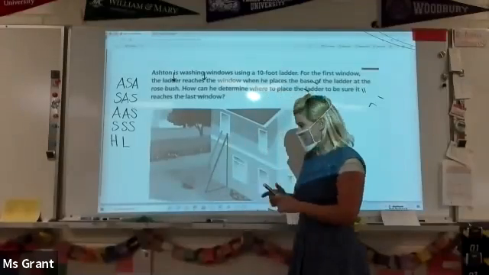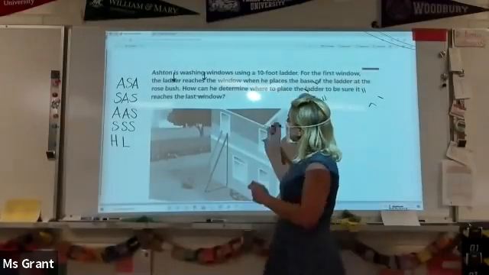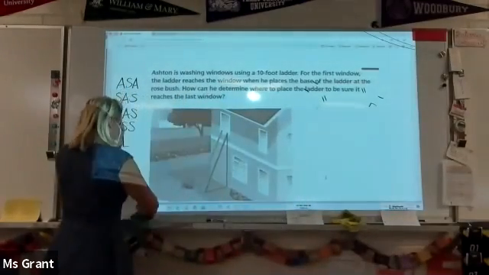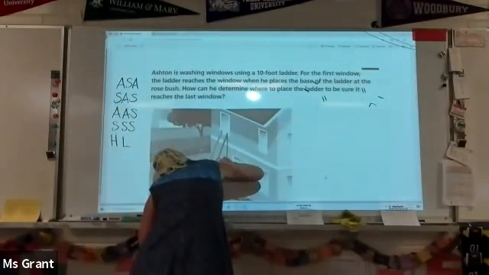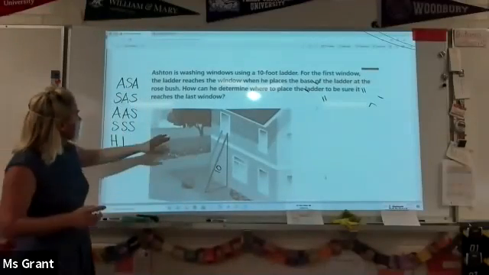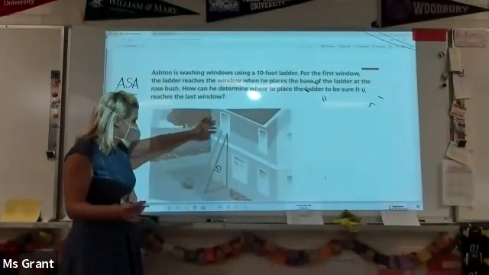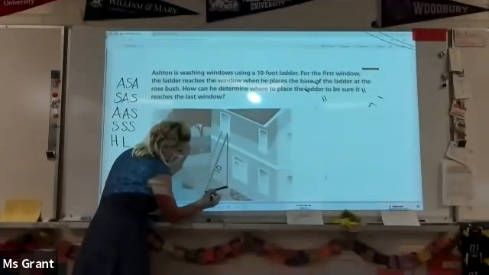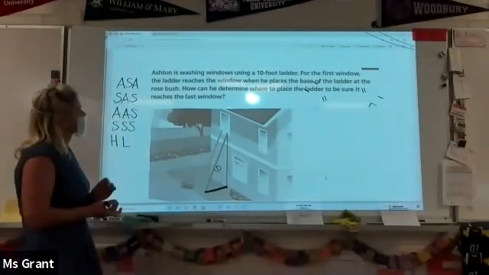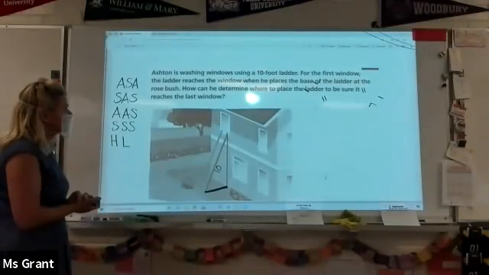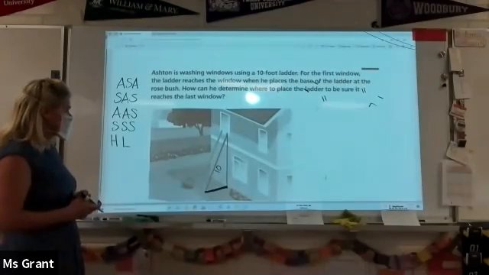Ashton is washing windows using a 10-foot ladder. For the first window, the ladder reaches the window when he places the base this distance from the house. How can he determine where to place the ladder to be sure it reaches the last window?